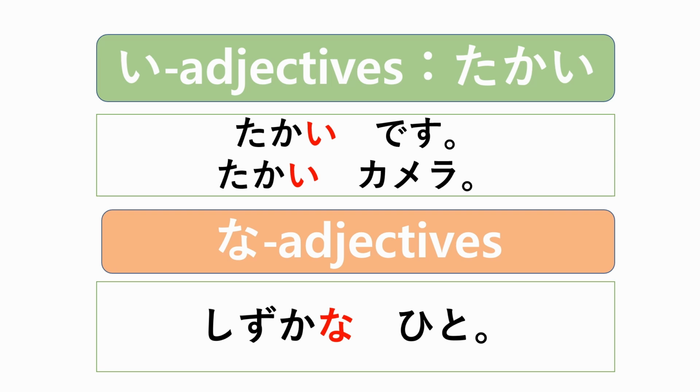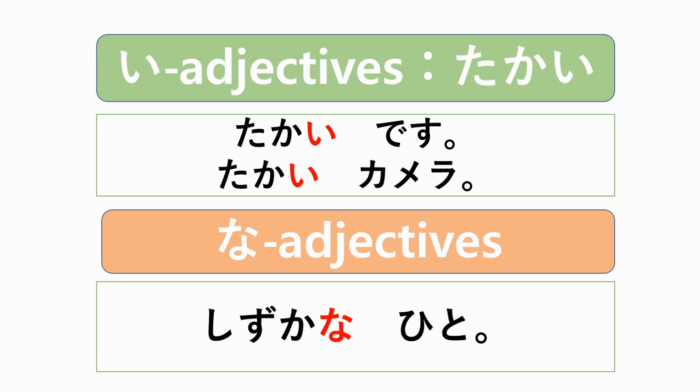For example, takai means high or expensive. You can say takai desu to mean it is expensive. Or you can say takai camera to mean an expensive camera.